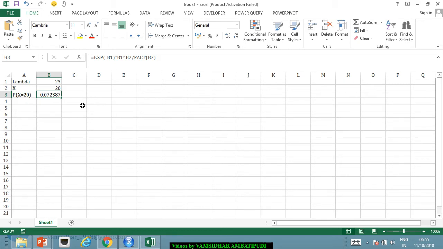In the same way, if I want to find the probability that I get 0, 1, 2, 3, and so on, I can put it in a spreadsheet.